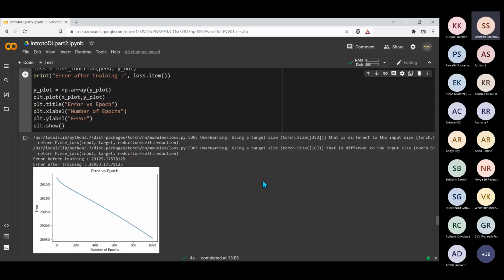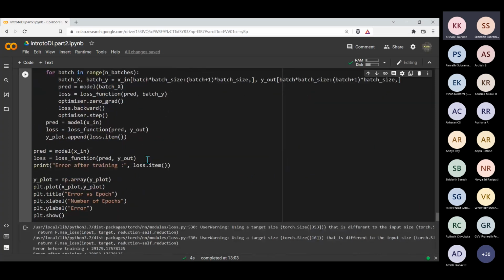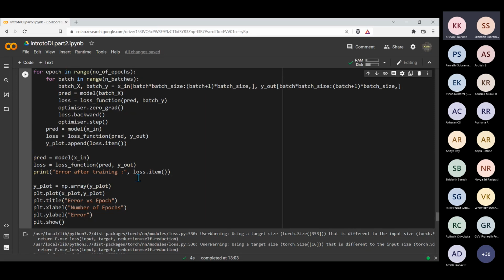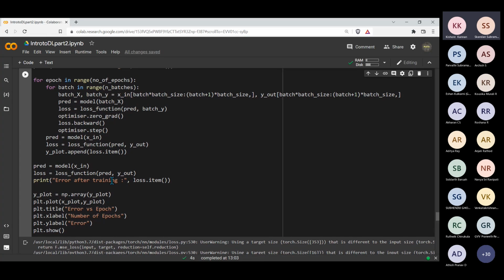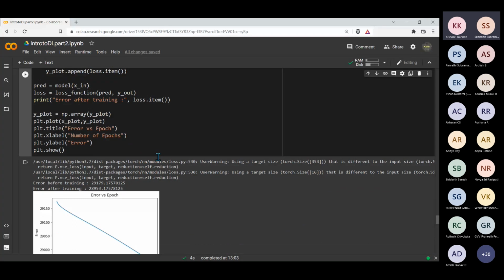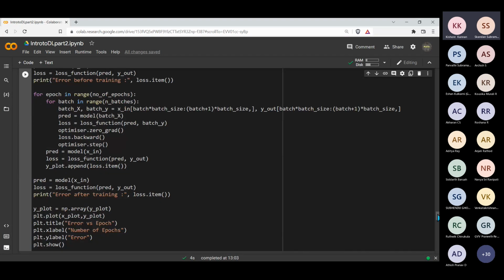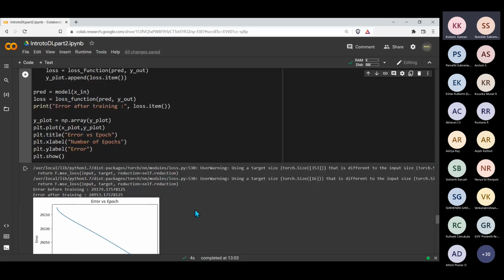And in all of these codes, we finally plot the loss with respect to the number of epochs. We plot the error with respect to the epoch.